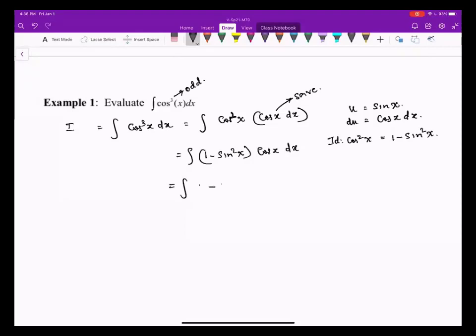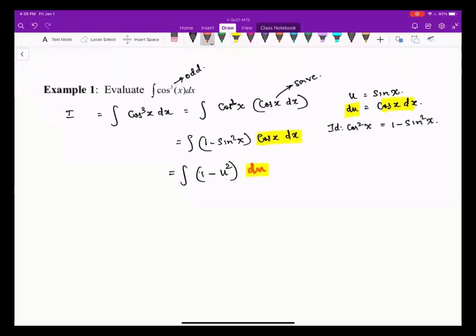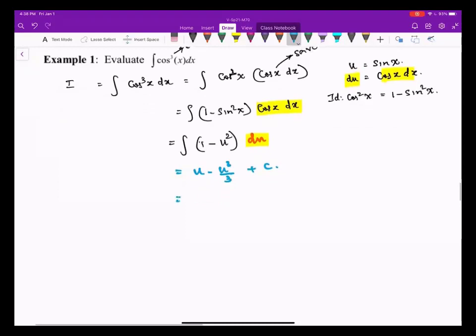It is 1 minus u square, and cosine x dx is du after all. So on integration, this becomes u minus u cube over 3 plus a constant. What is u? u is sine x. So sine x minus sine cube x over 3 plus a constant.